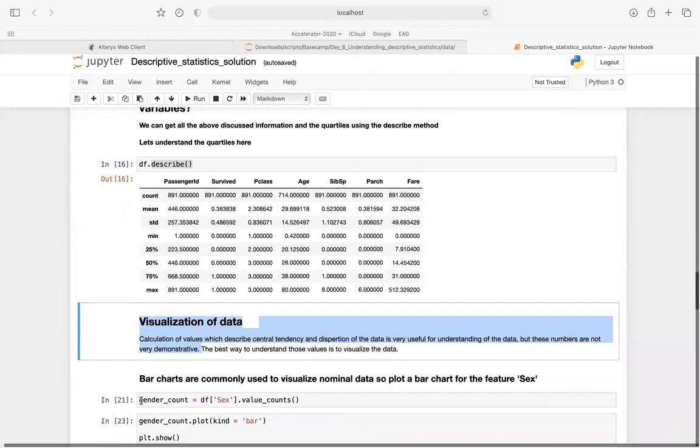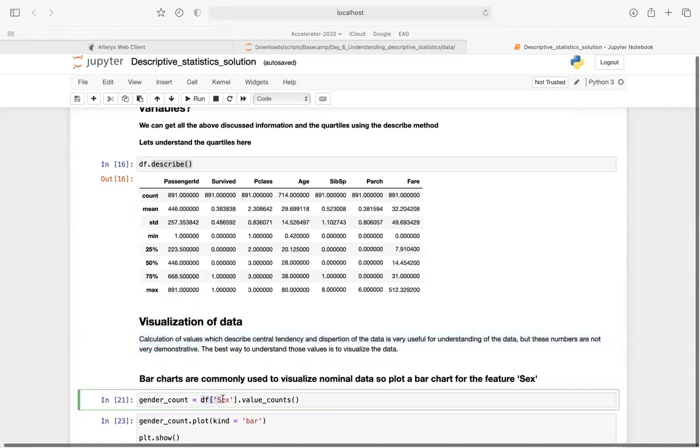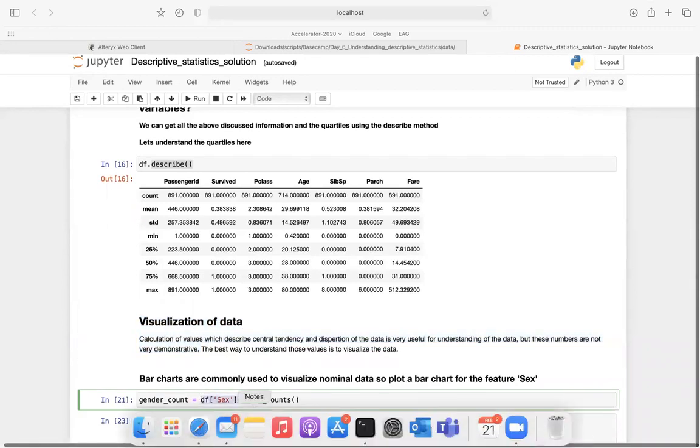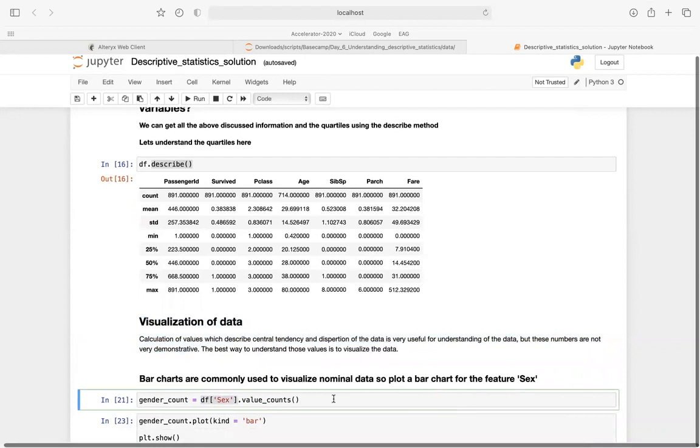So we are simply saying gender count is equal to df of sex, because that is the column I'm interested in, dot value counts. We have already looked at what value counts means in the last session, yesterday I think. It will simply tell me the unique categories available in my data set along with the number of records associated with each.